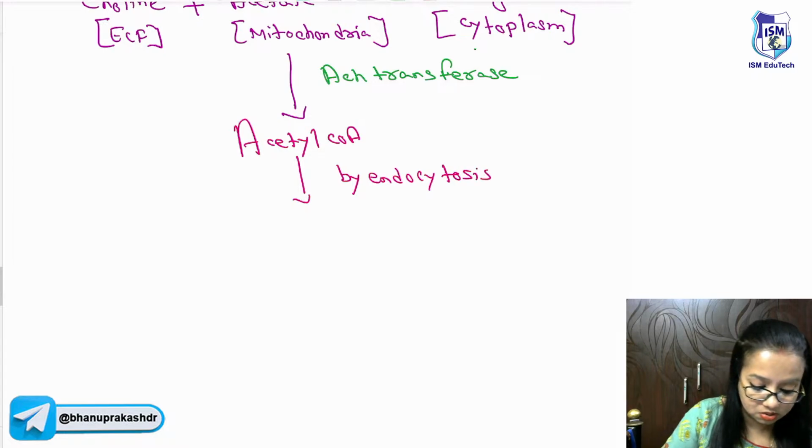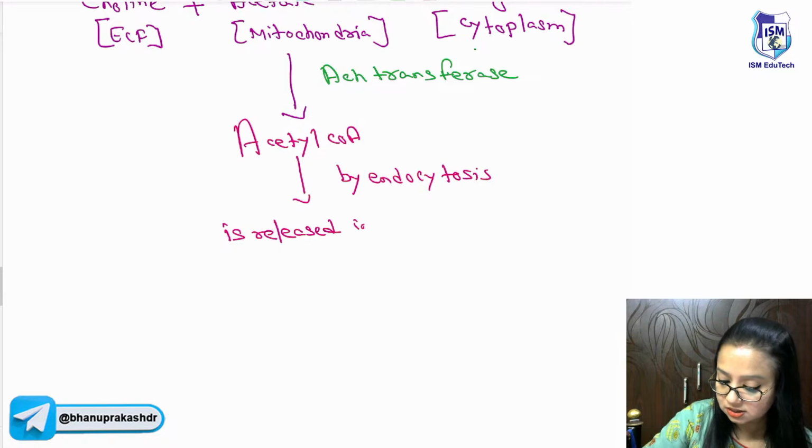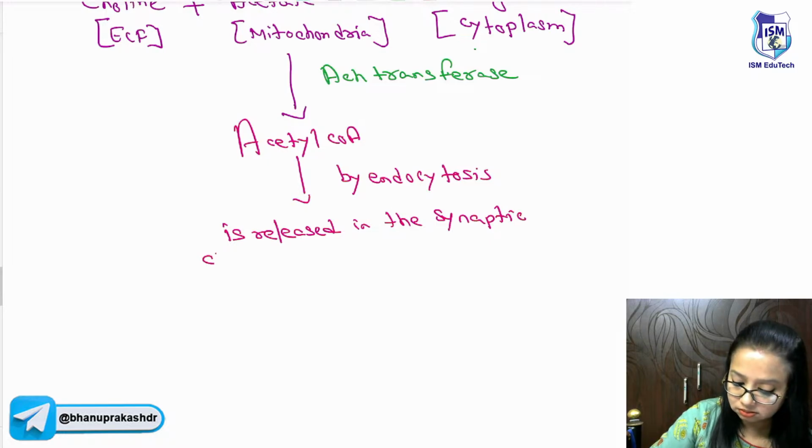Now, this acetyl-CoA, by exocytosis, which is a calcium-dependent process, is released in the synaptic cleft.